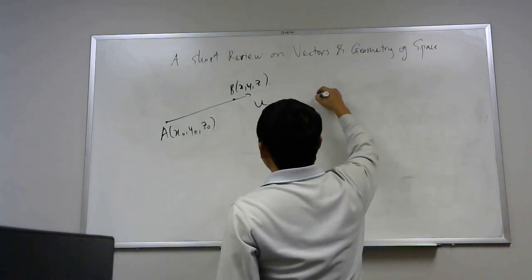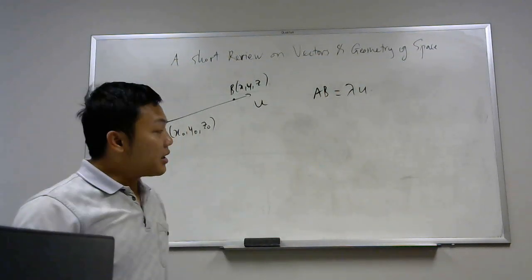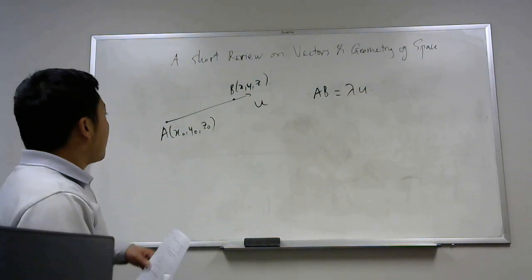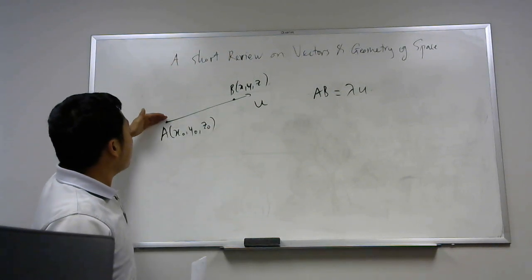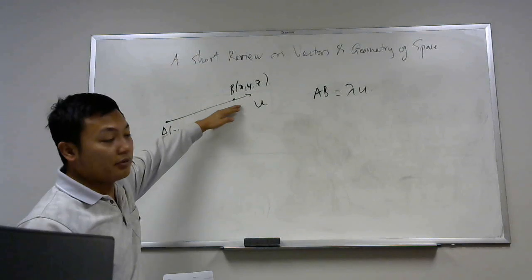So basically I can write AB equal to lambda u. And using this equation, you might have two kinds of equations of this straight line, which passes through a given point and has direction vector u.